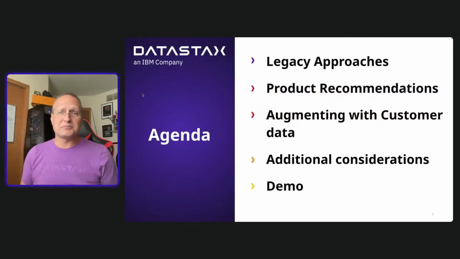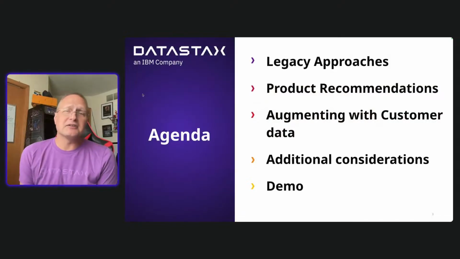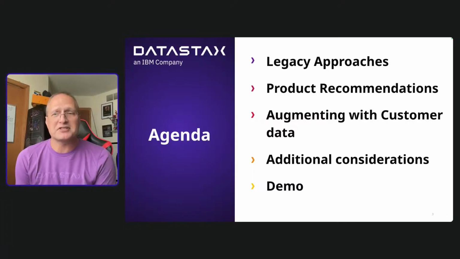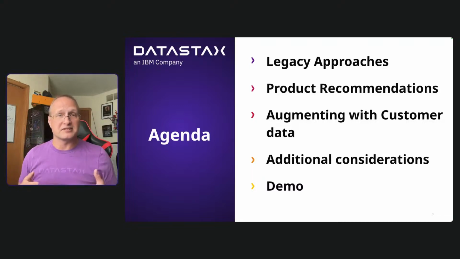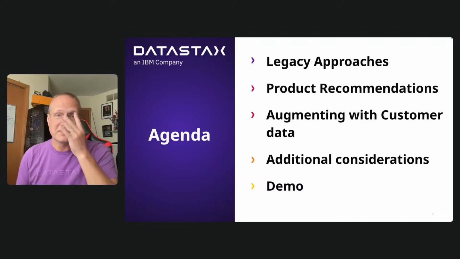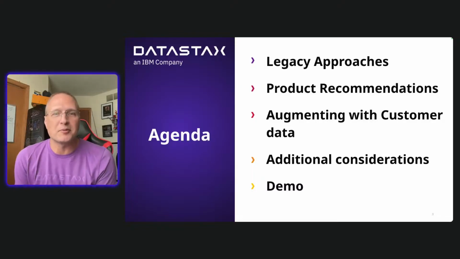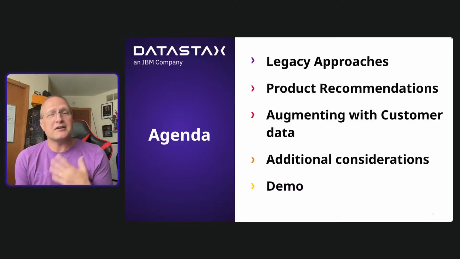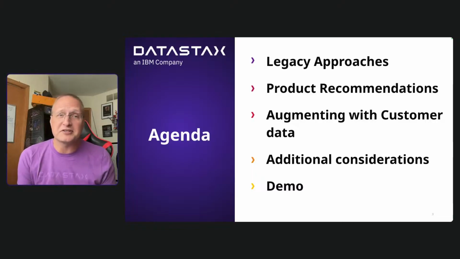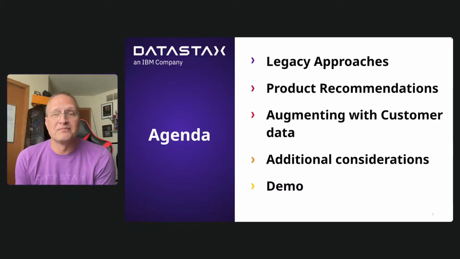So our approach is pretty simple. We'll talk a little bit about legacy approaches. Before coming to DataStax, I worked in e-commerce for a very long time, and I've seen a lot of different technical approaches to things like product recommendations. So we'll talk about some of those older approaches. We'll talk about a simple product recommendation solution that uses vector search.